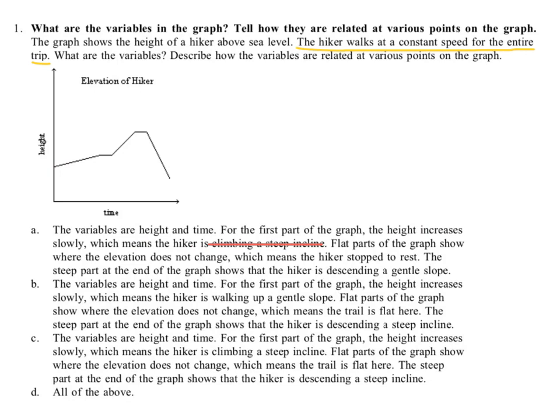Flat parts show where the elevation does not change, which means the hiker has stopped to rest. Well, what do we know about the hiker? We know that the hiker is not stopping. Look under what I underlined in yellow at the top. Hiker hikes at a constant speed. So hiker stopped to rest? Nope. So already we know A isn't going to work. The steep part at the end of the graph shows that the hiker is descending a gentle slope.